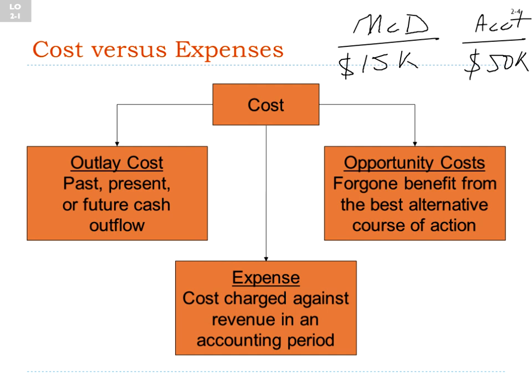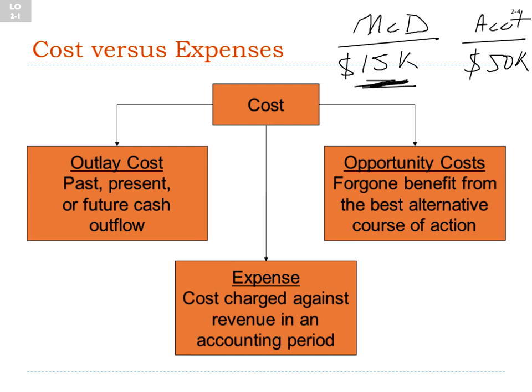Well, if you stay at McDonald's, you're making $15,000, and on your tax return at the end of the year, before taxes and other deductions, it's going to show that you made $15,000 of income or profit, however you want to term it. For accounting purposes and for tax purposes, you made $15,000.